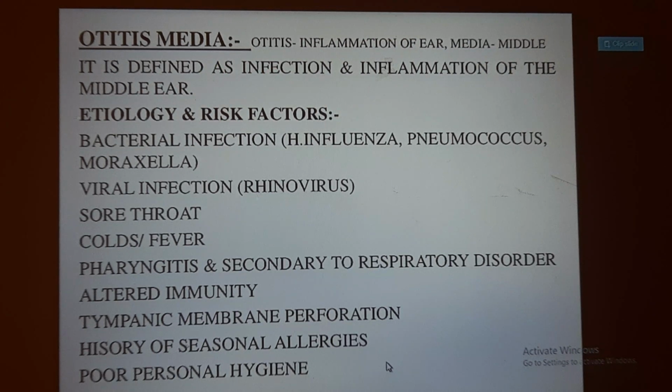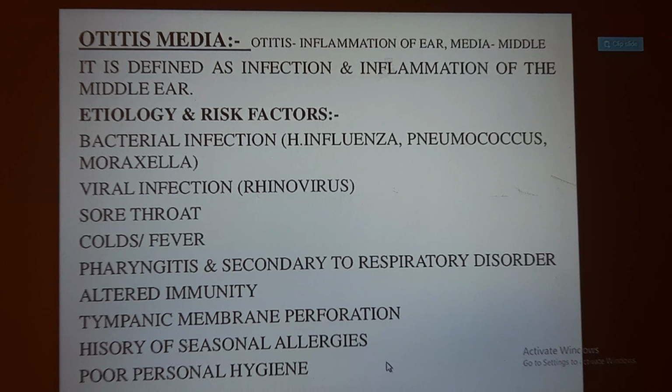I already explained which parts the middle ear includes: the tympanic membrane, tympanic cavity, and malleus, incus, stapes, including the eardrum. Due to some infection, there will be inflammation in the middle ear, and that is called otitis media.